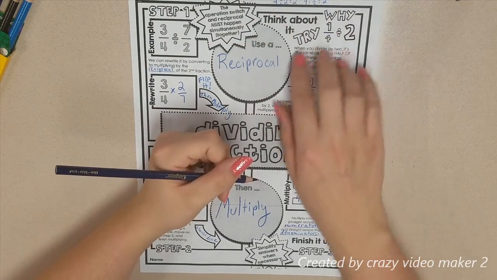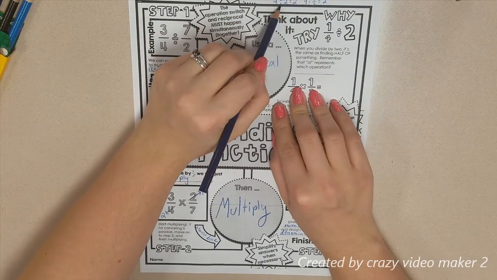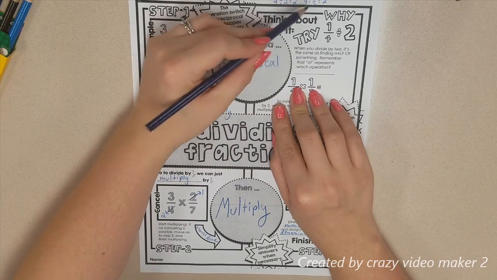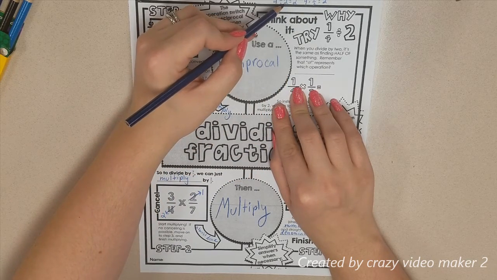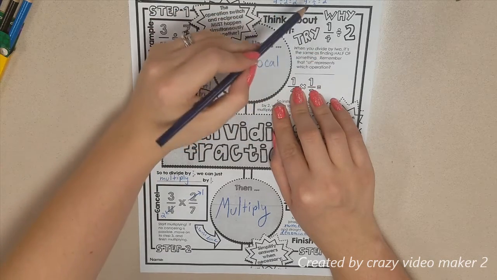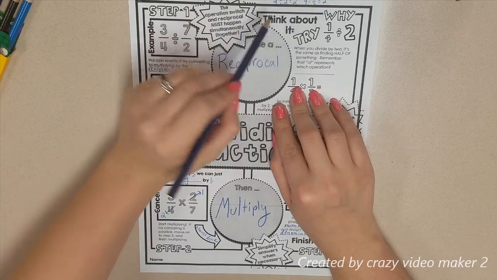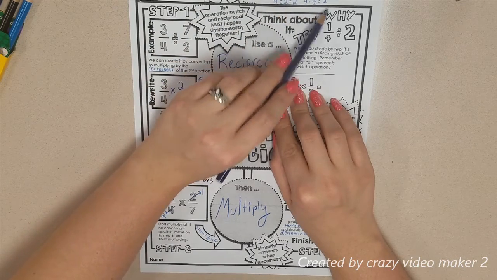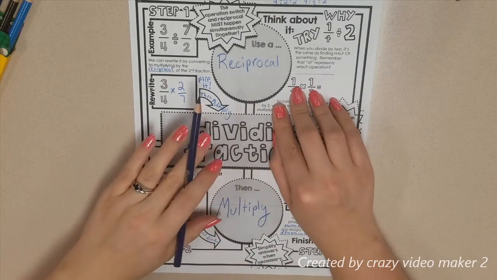And what do you notice? We changed division to multiplication, and then we had the reciprocal of the second fraction. 2, remember that's 2 over 1. When you take the reciprocal of it, you get 1/2. So multiplying by the reciprocal is going to get you the same thing as dividing by whatever that number is.